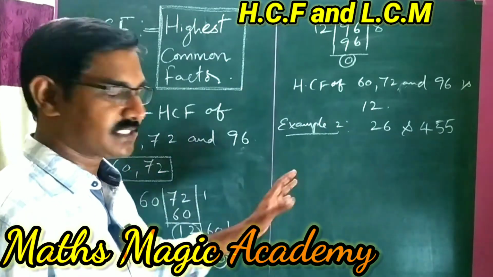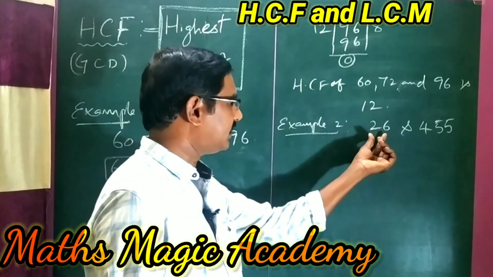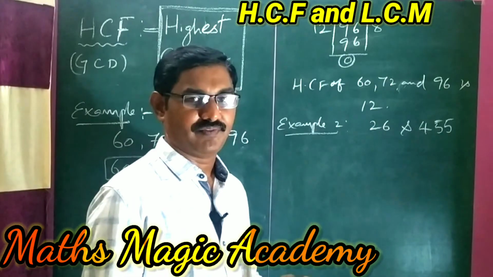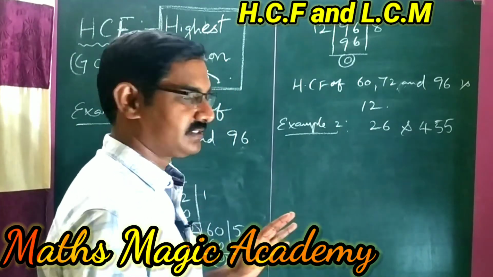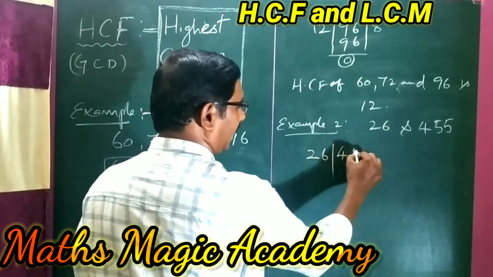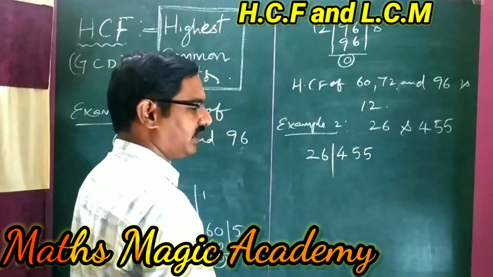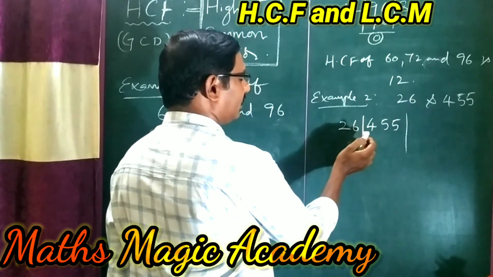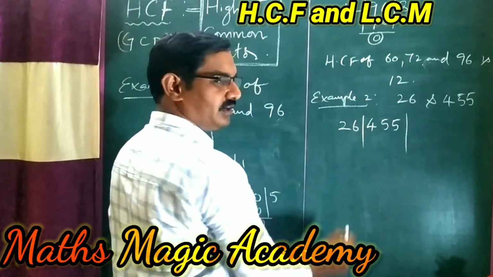Now we will go for one more example. What is the HCF of 26 and 455 by using the division method? See here, simply you can take the small number 26 and the big number 455. Here 45 is more than 26.